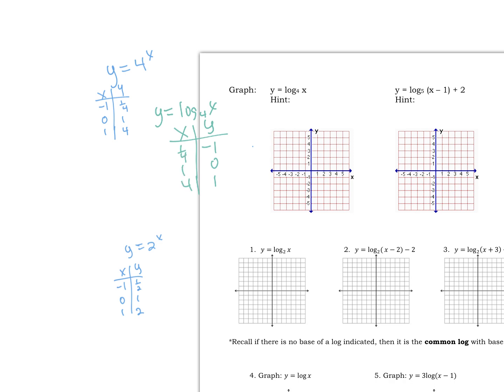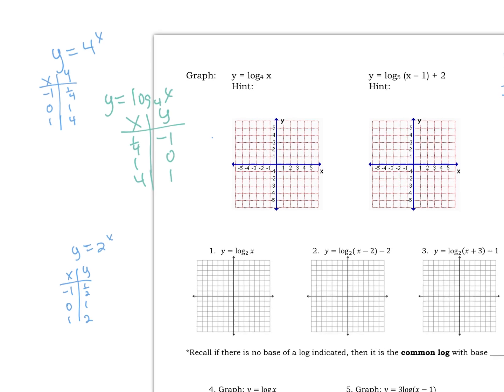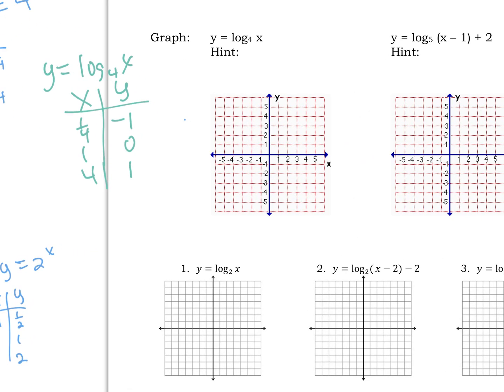I hope you realize that the reason I expect to see the table is that these points are really close together. They're really tight. So I expect you to show me the table to show you understand where these points should be. So this is at 1/4, -1, then 1, 0, and then 4, 1. There were no shifts or changes on that, so this one's pretty straightforward.